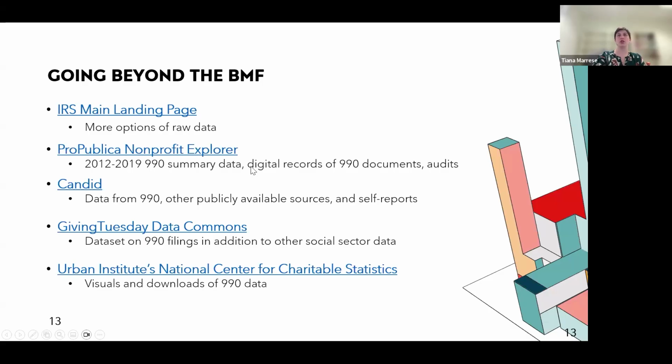This includes digital records of past 990 documents, audits that may have been performed. They've also included other publicly available sources, in addition to looking at social sector data that goes beyond tax-exempt organizations, as well as visuals and other available downloads.